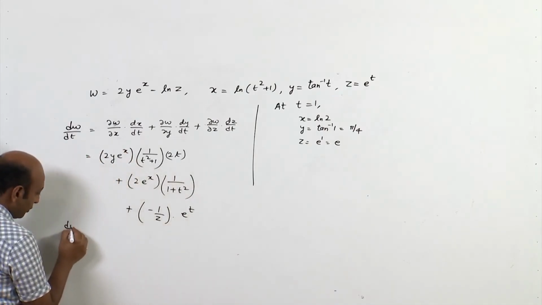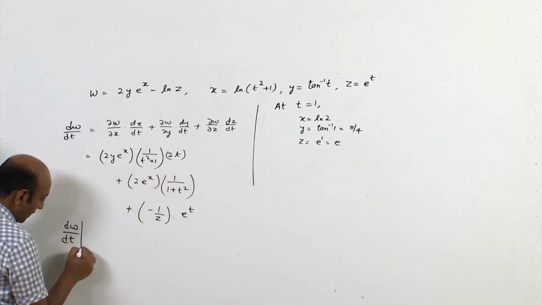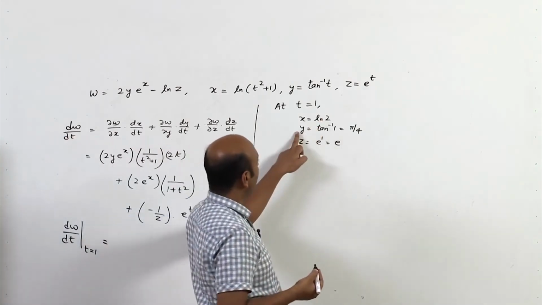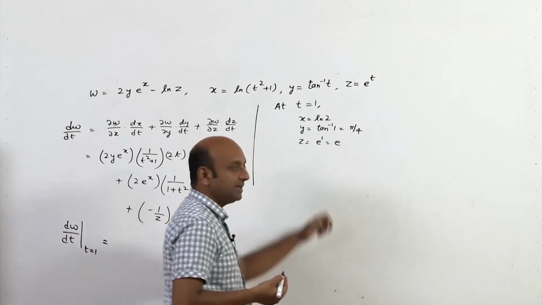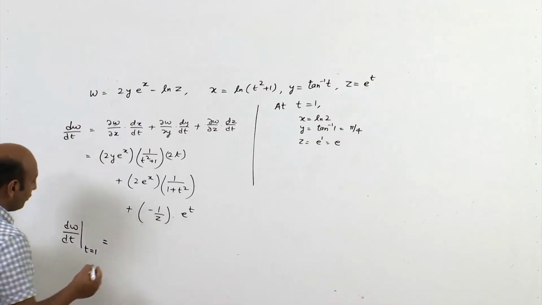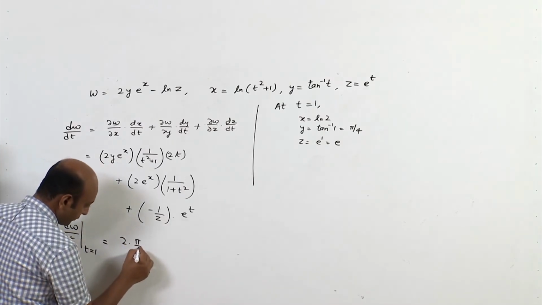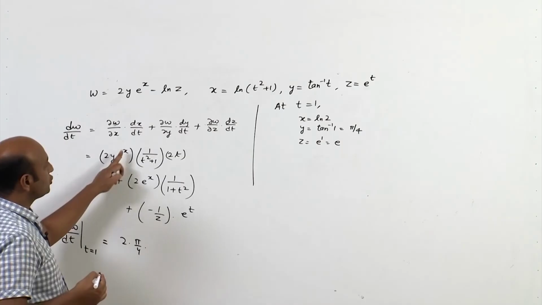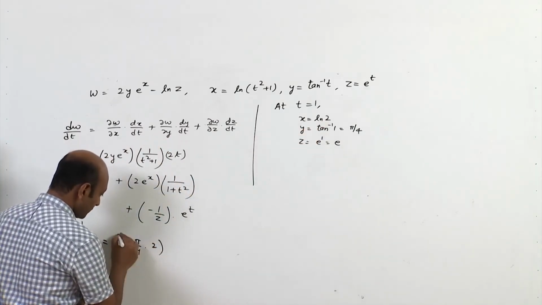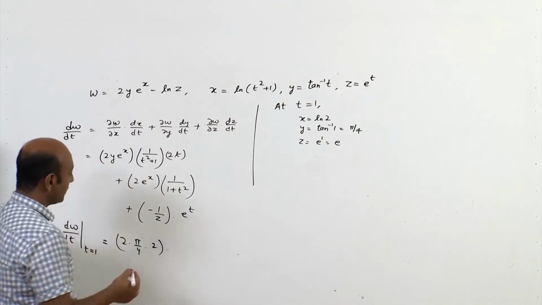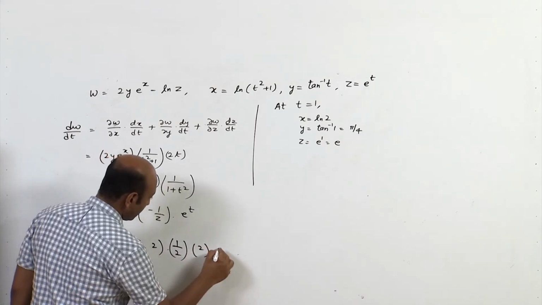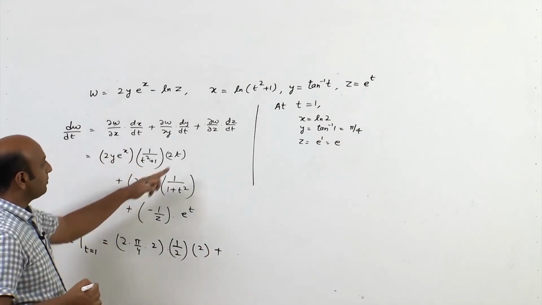Now, you want to compute dw by dt at t equal to 1. So, x is ln 2, y is pi by 4, and z is e at t equal to 1. You simply substitute it here. So, 2 into pi by 4 into e raised to power x is 2 from here, t is 1, so it is 1 plus 1 is 2, and it is 2 into 1 is 2, plus again e raised to power x is 2.